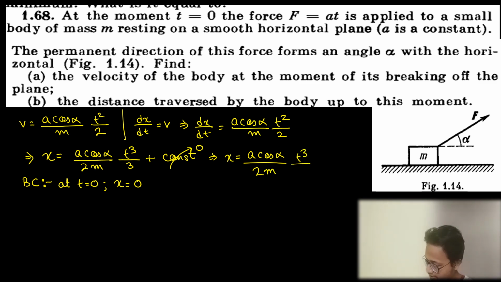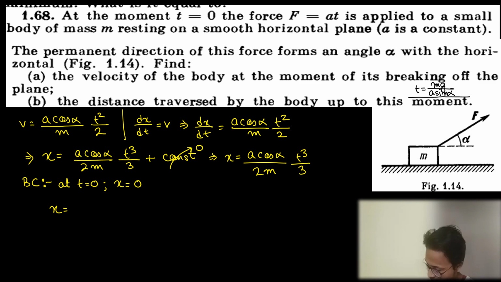cube by 3. Okay, and at what time does the body break off? This moment is nothing but the time at which it breaks off, which is t equal to mg by a sin alpha. So if I put the value of mg by a sin alpha out here, I get the total distance.